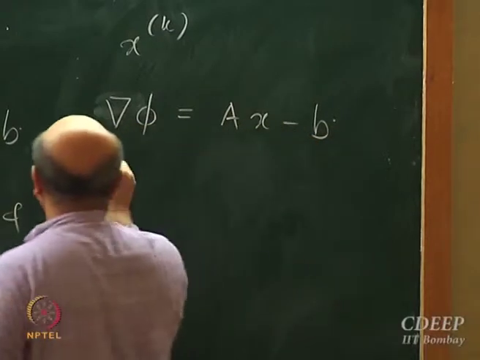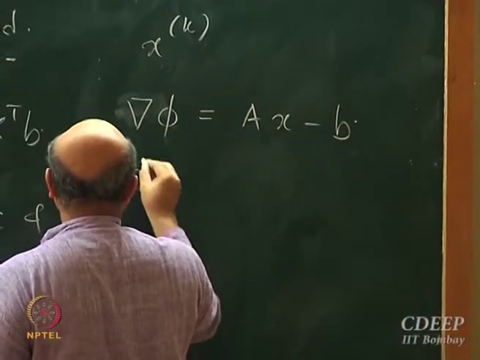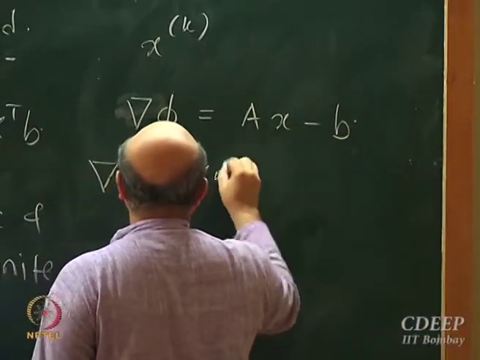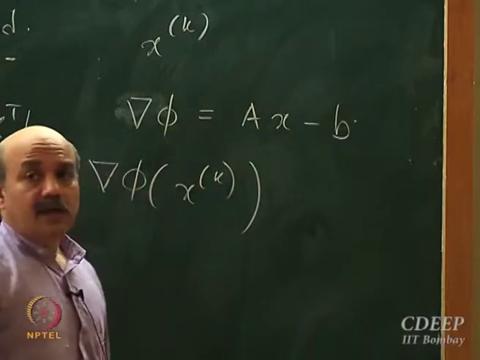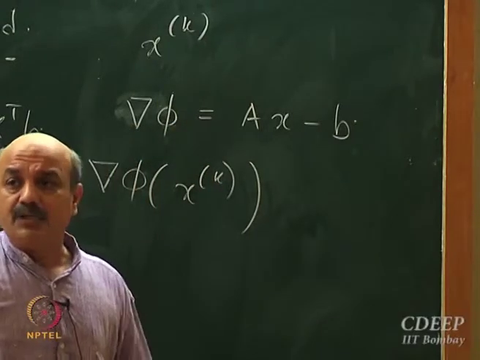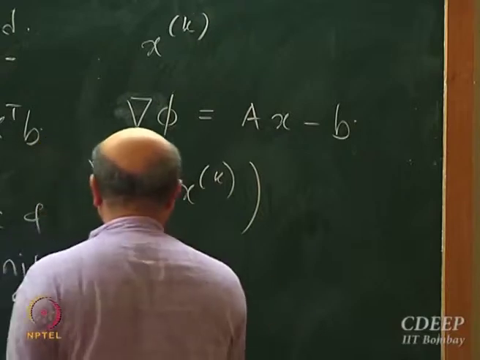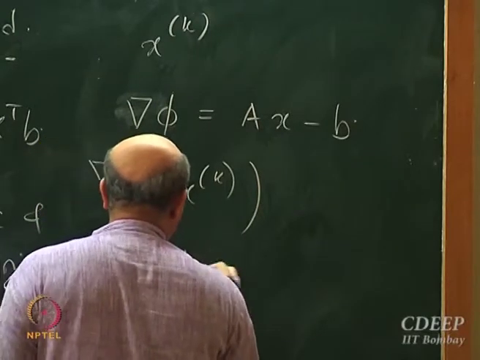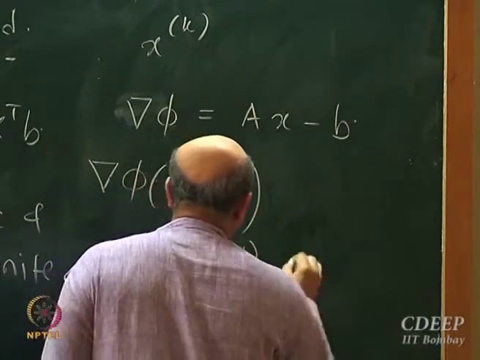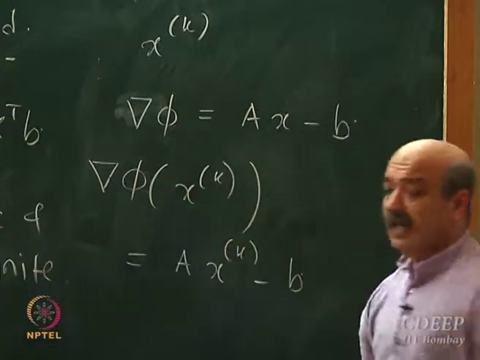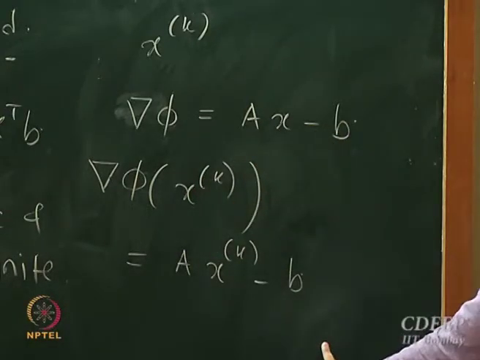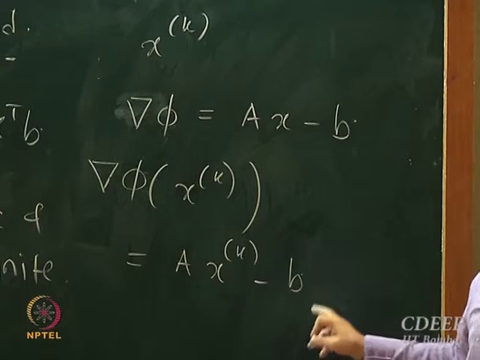Grad phi evaluated at xk, where xk is your guess solution, is Axk minus b. Everyone with me on this?